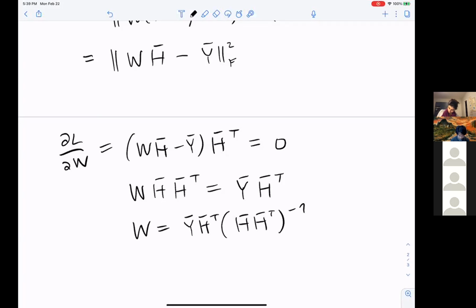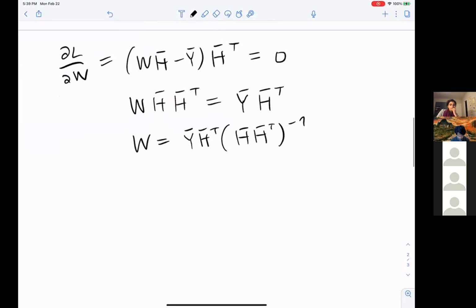And this is the solution. Do you recognize this as being simply least squares? You have seen least squares, right? Okay. So this is just least squares, maybe written in a bizarre manner with bizarre symbols, but it is least squares.